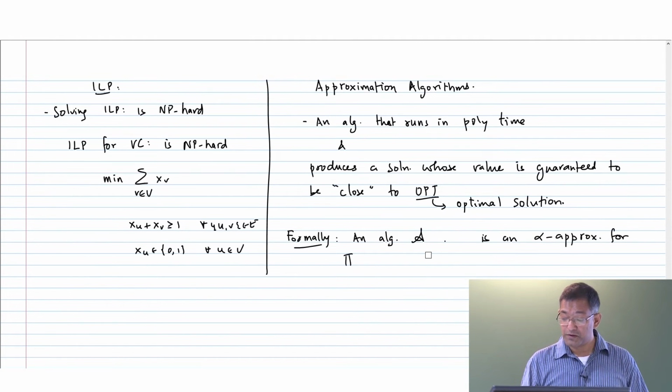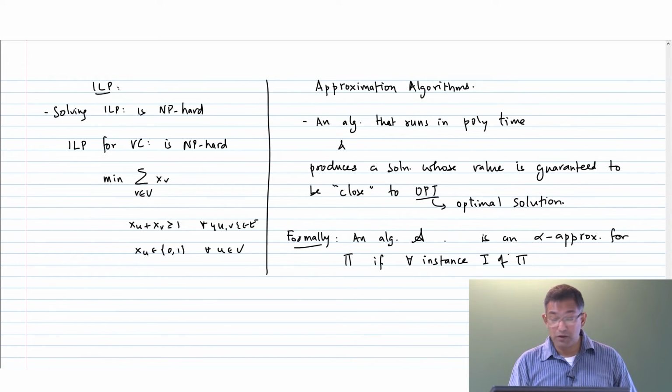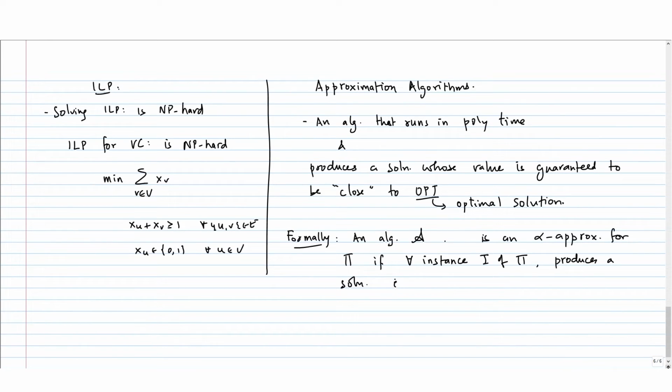Algorithm A is an alpha approximation for a problem pi if for all instances I of pi, if you feed any graph to this algorithm, it produces a solution, let us call it S, such that the cost of the solution S, which is in this case the number of vertices in the vertex cover returned by the algorithm, is at most alpha times the optimal solution, right.